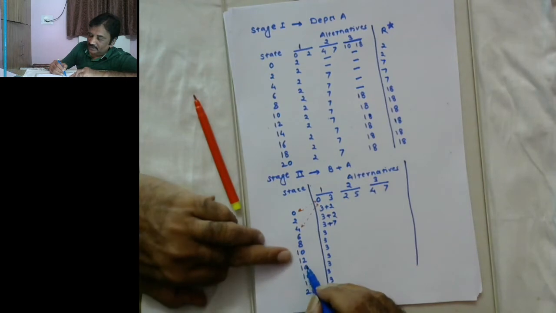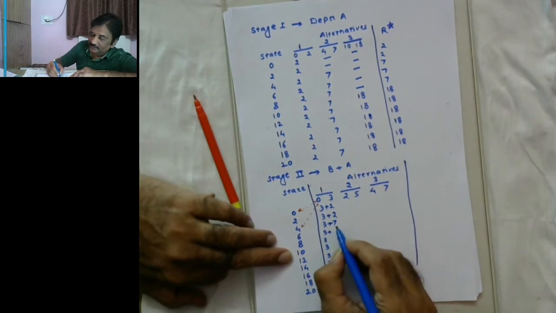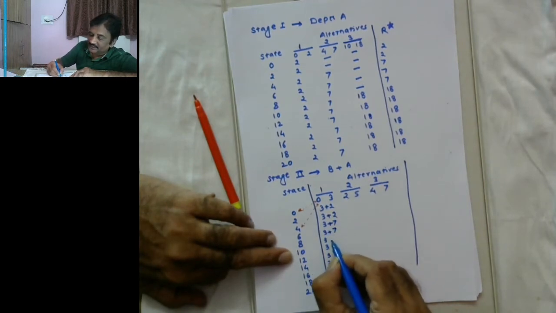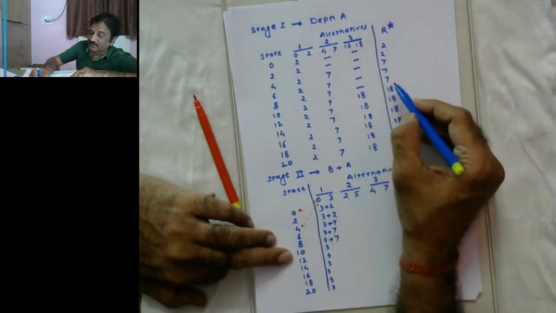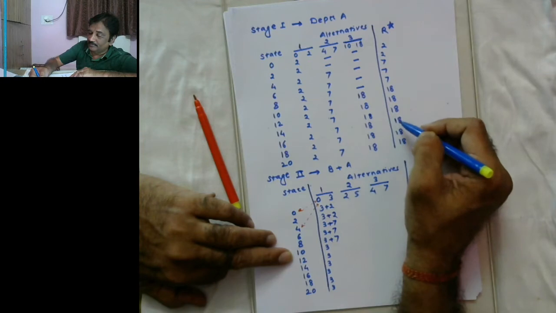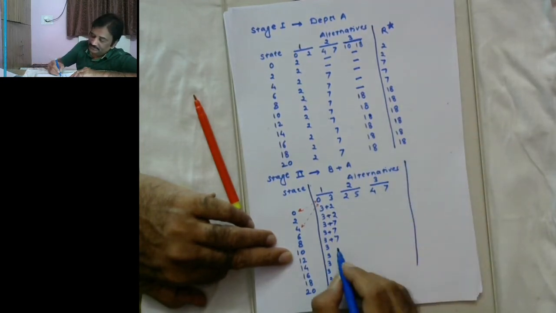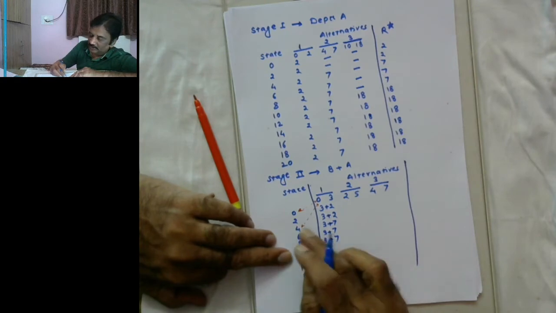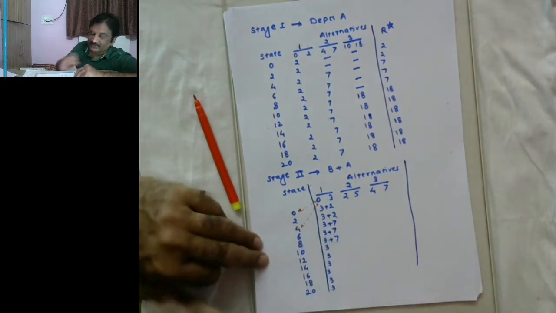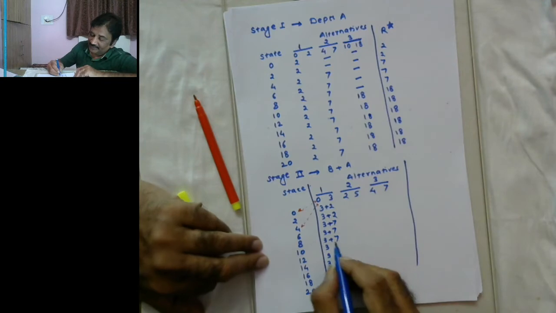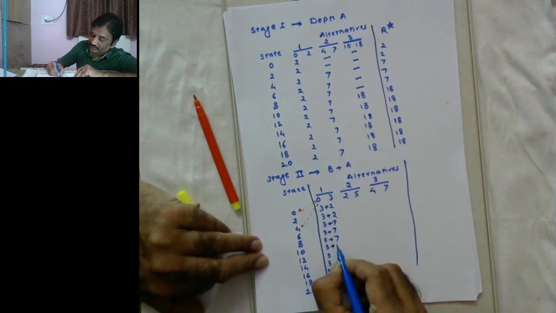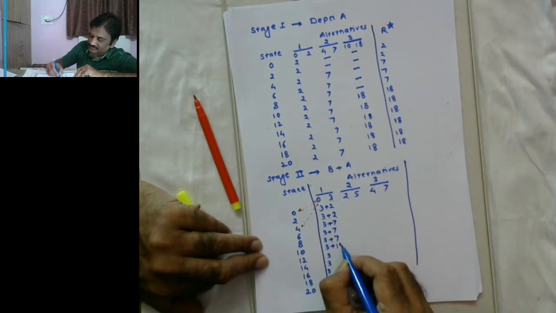For example, here it will be 7 plus 7, 3 times 7, and for the remaining, total states I am having are 11. 11 states I am having. So this 18 will be coming 6 times. Yes, it will come 6 times.